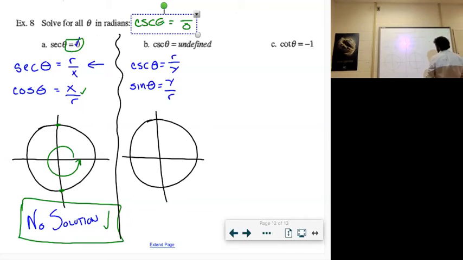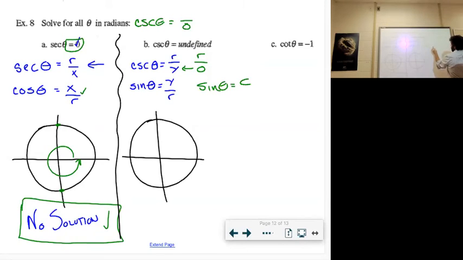So that means my y coordinate has to be 0. I'm not really sure what the r is at the moment, but it doesn't matter. Translating it to the sine function, sine of theta is equal to 0 over the r value, which is saying that the y coordinate here has to be 0.